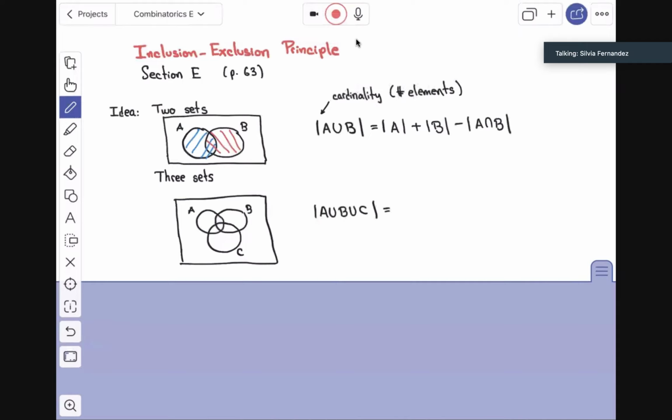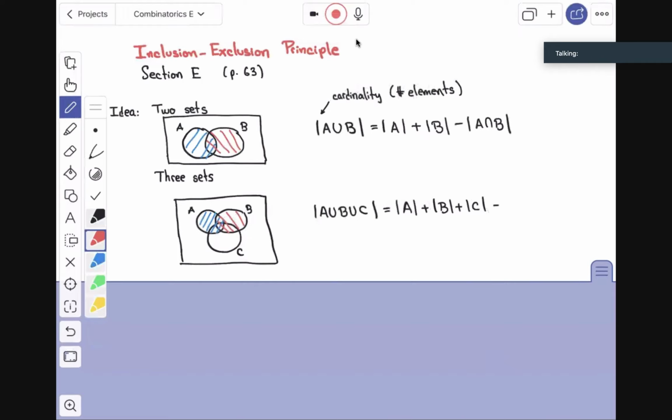And so what I can do is say, okay, let's do the number of elements in A, plus the number of elements in B, plus the number of elements in C. But same as before, when I add A, I'm adding all of that. When I add B, I'm adding all of these.